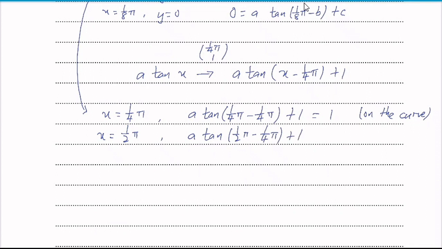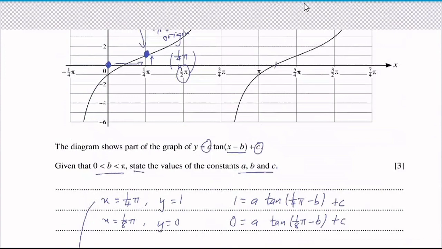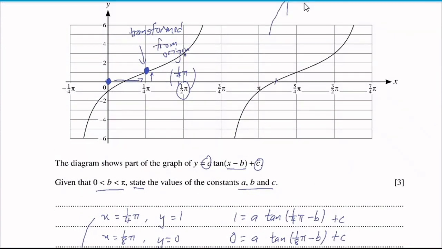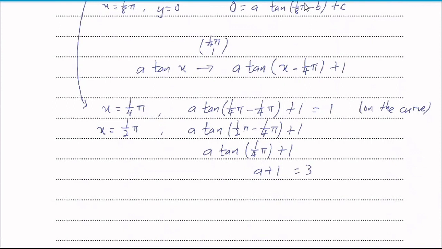So this is a tangent of 1 over 4 pi plus 1, which is just a plus 1. On our curve, the value here is 3. If you equate this to 3, then a should be equal to 2.